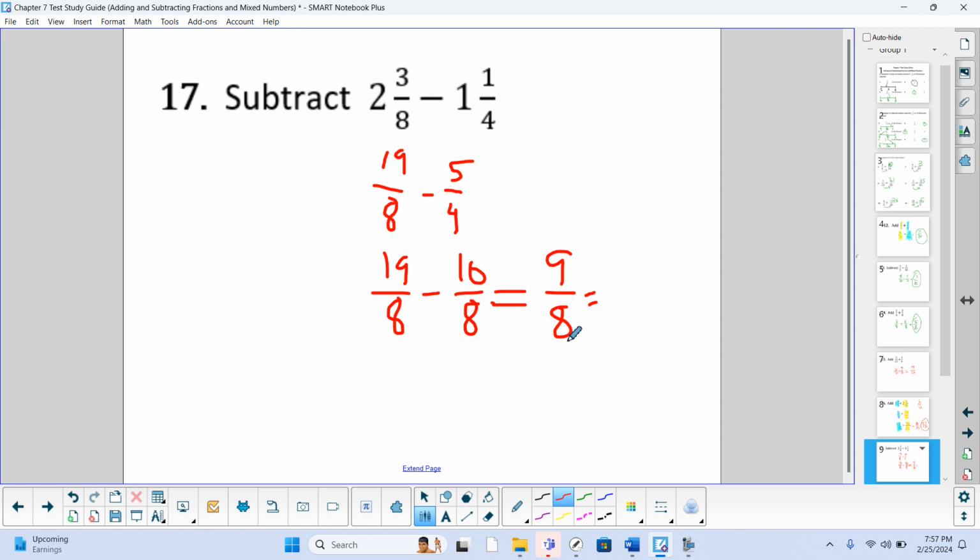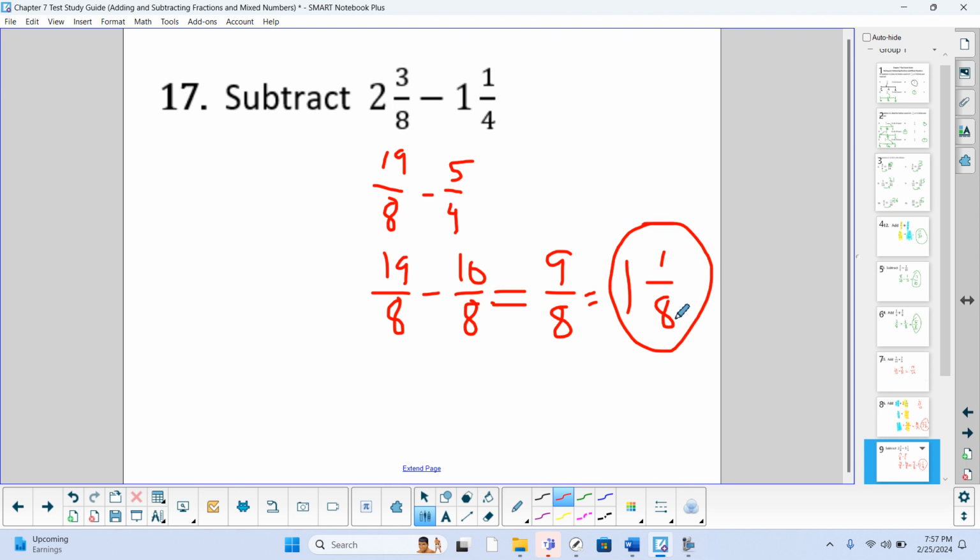So let's change that to a mixed number. 8 goes into 9 one time with a remainder of 1 over 8. So the answer to this one is 1 and 1/8.